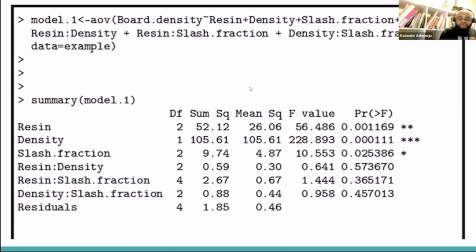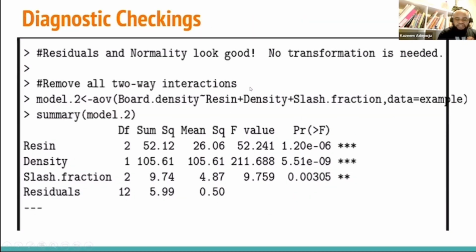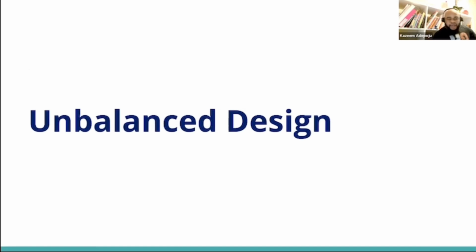Okay, so I've just achieved objective number one for today. I want to go into objective number two, and I need everyone to focus attention on this area, because in research, of course, we normally come across unbalanced designs. All we've been talking about, even in the last example that I just cited, is based on a balanced design.